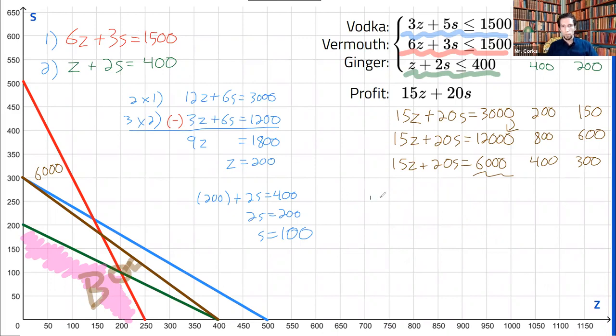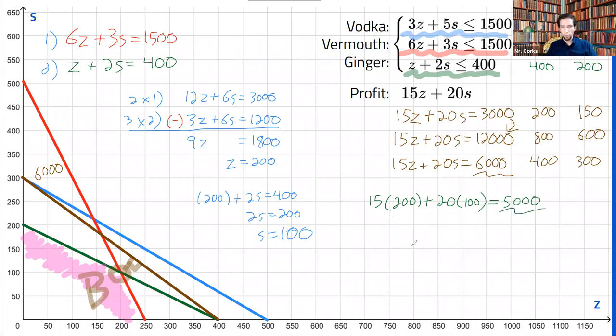So profit equation: 15 times Z, 200, plus 20 times 100. And what does that equal? 5,000. So 3,000 plus 2,000, 5,000.